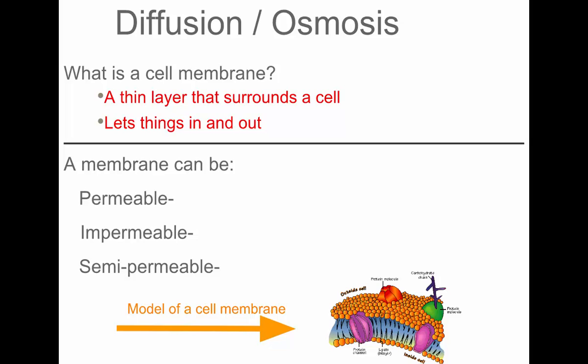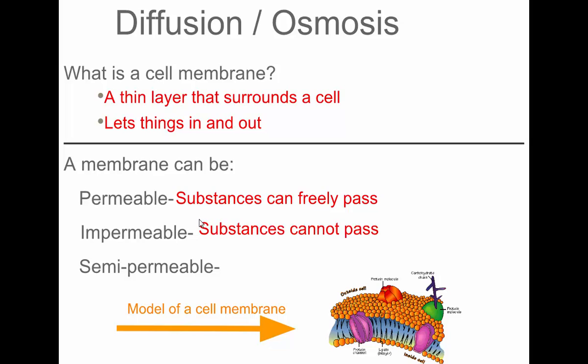Permeable means that a substance can freely pass through. Impermeable means what? Substances cannot pass through.